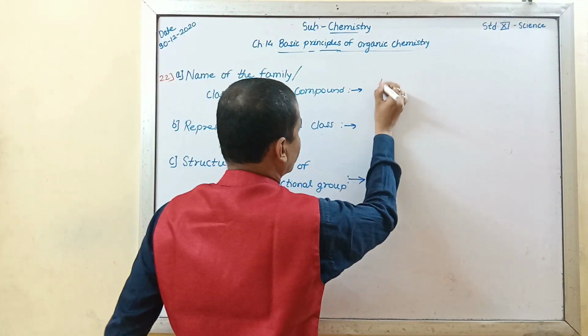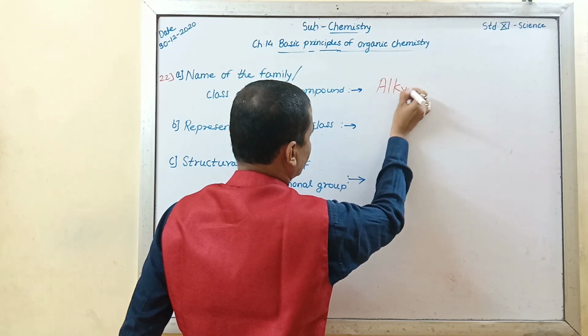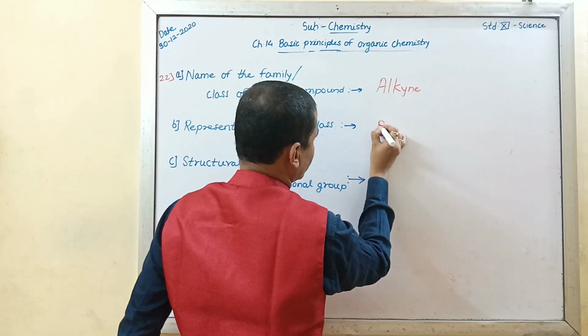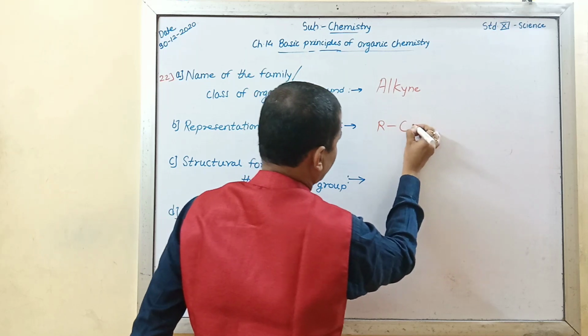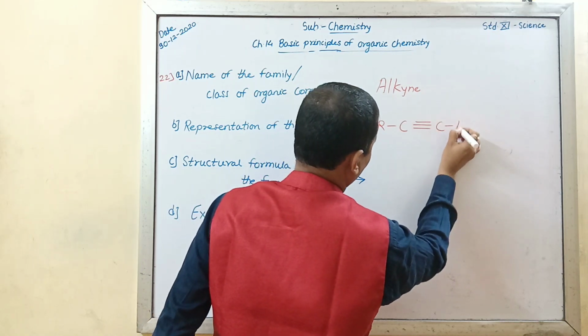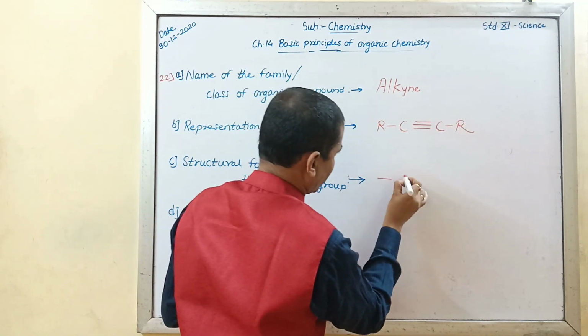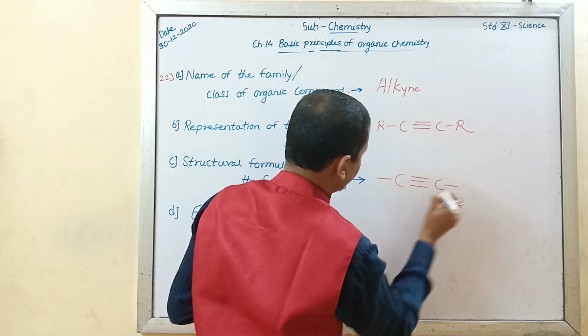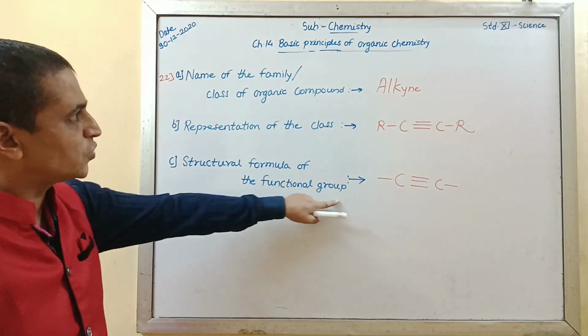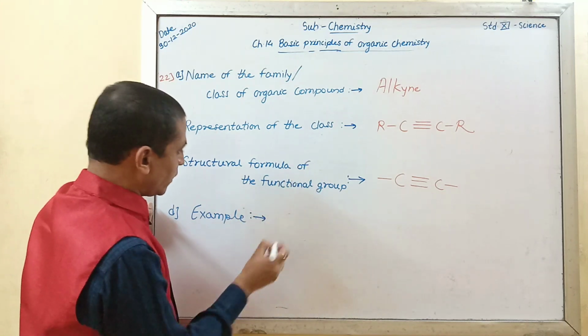That is alkyne, YNE. It is written as RC triple bond CR. C triple bond C is the structural formula of the functional group for alkyne.